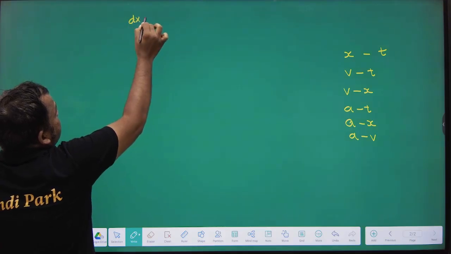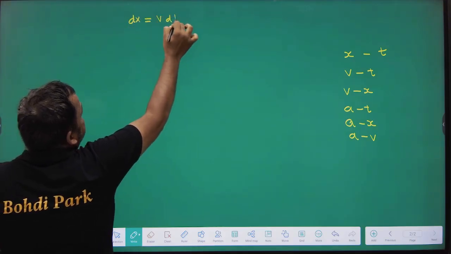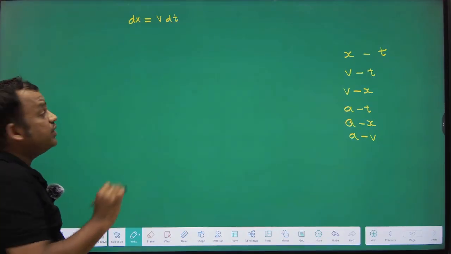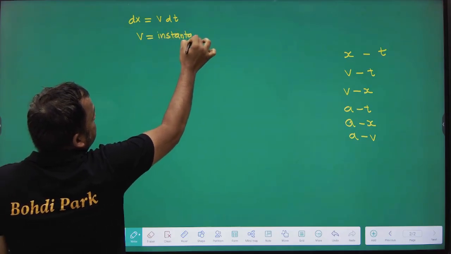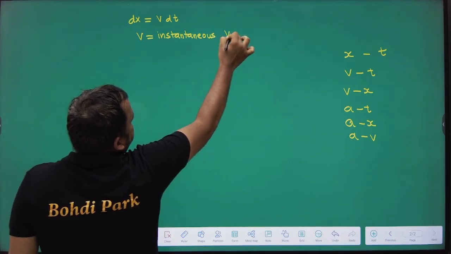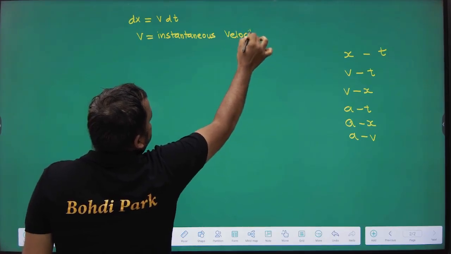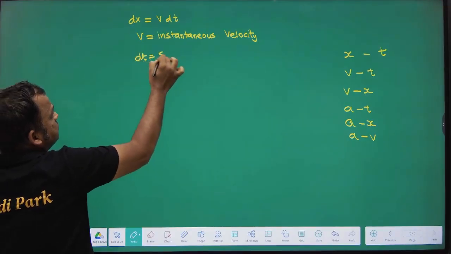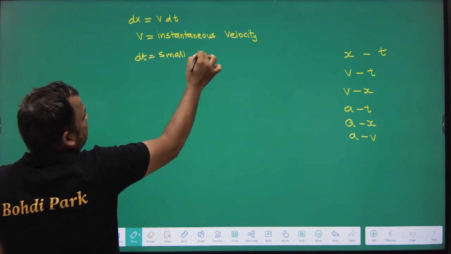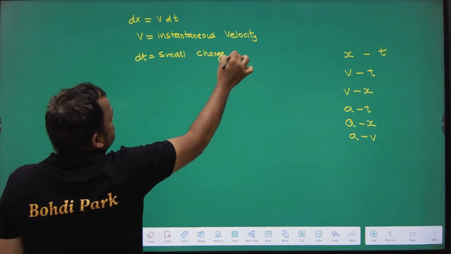Suppose we say dx. dx can be written as v dt. Here, v is the instantaneous velocity and dt is a small change in time.